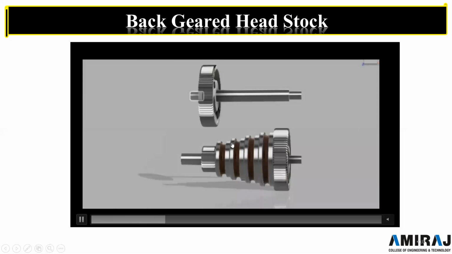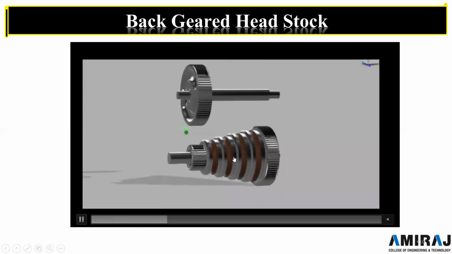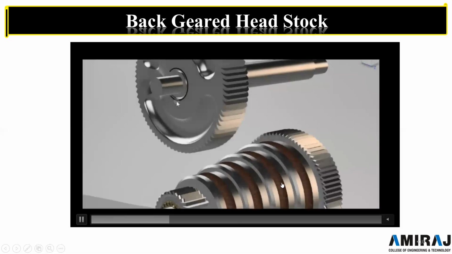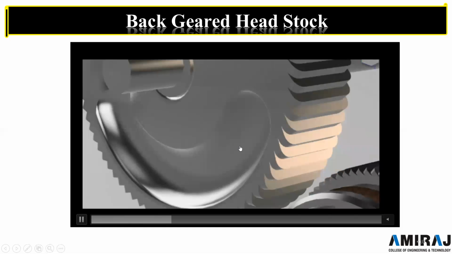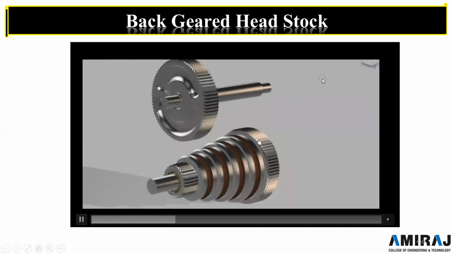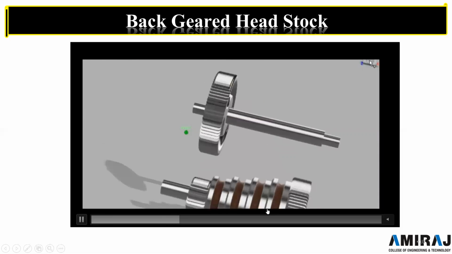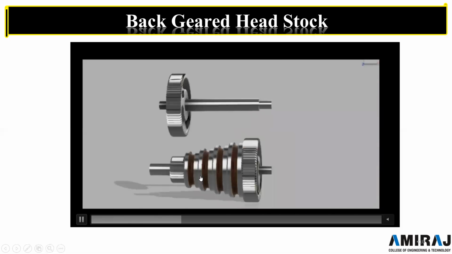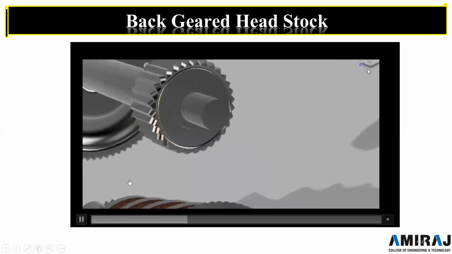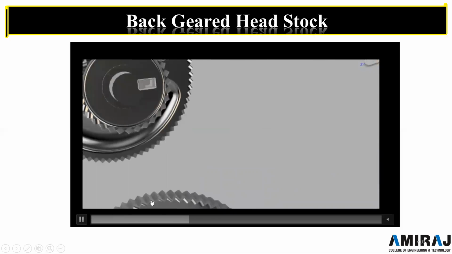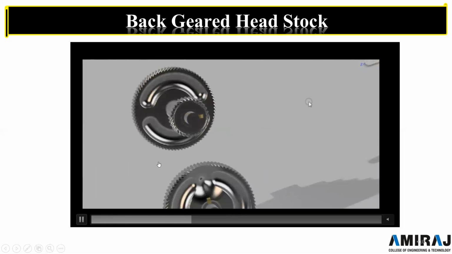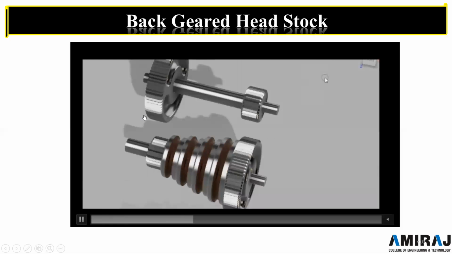Suppose this is rotating, the motion and power transmitted to this needs to be returned to the backside again. So what will happen if we want to reduce the speed? Suppose this is rotating in the clockwise direction, this will be rotating in the anti-clockwise direction, so that will be rotating in the same anti-clockwise direction.